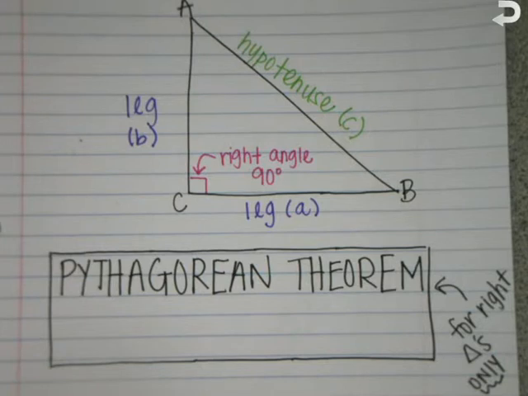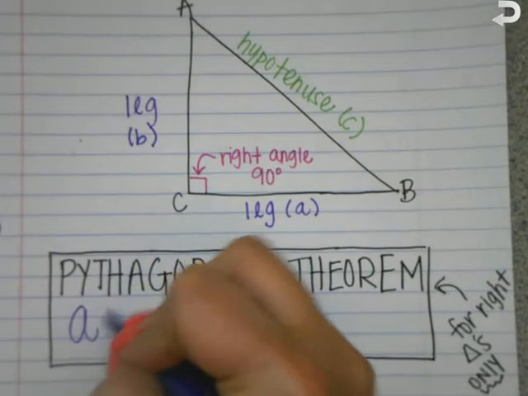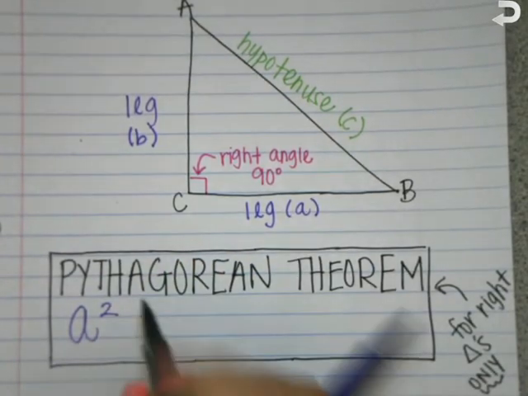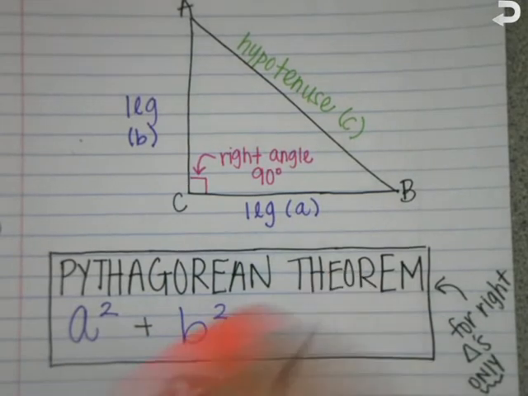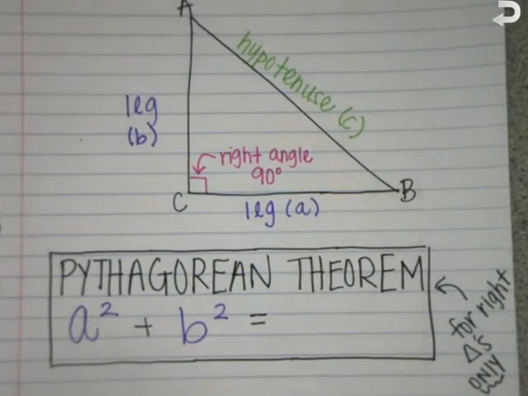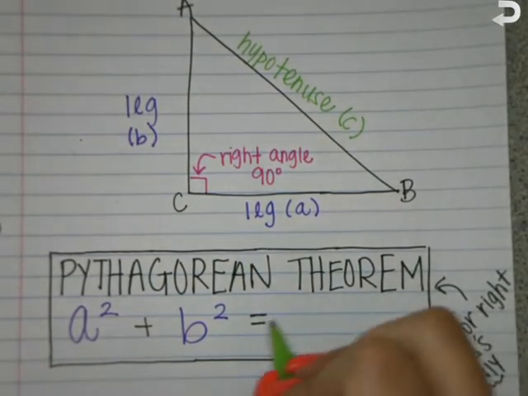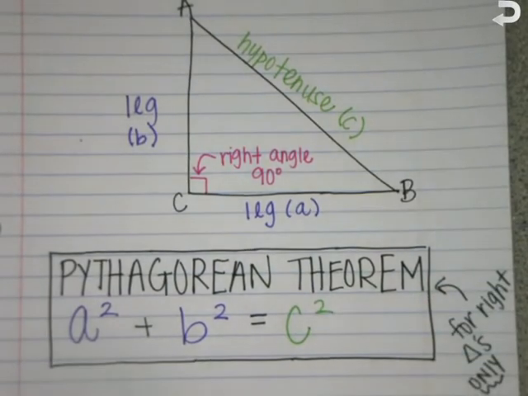Does anybody already know what it is? The formula? A squared plus B squared equals C squared. This guy's super important. Okay.